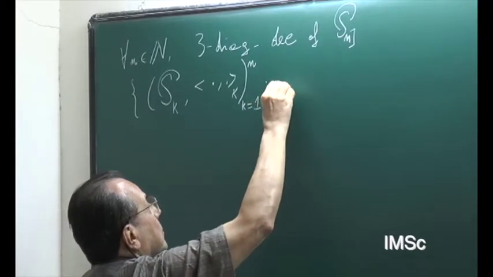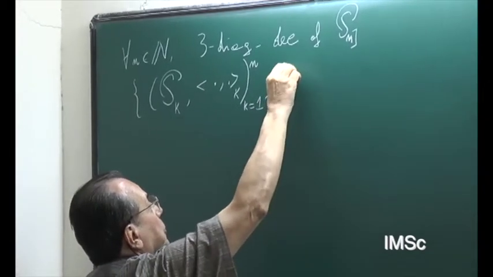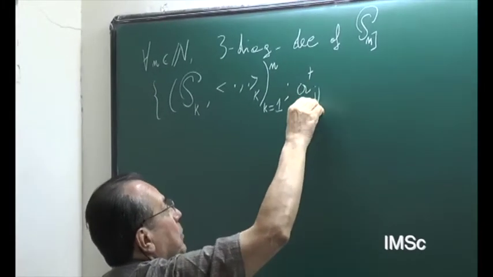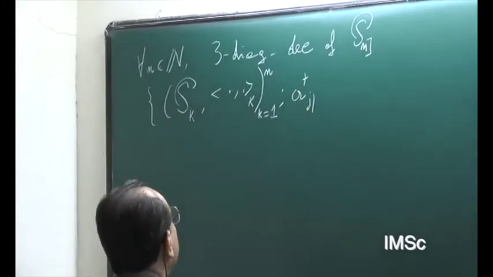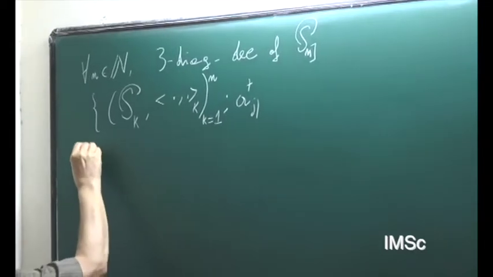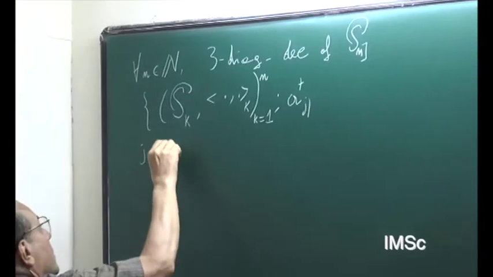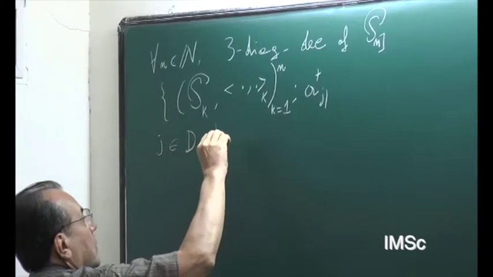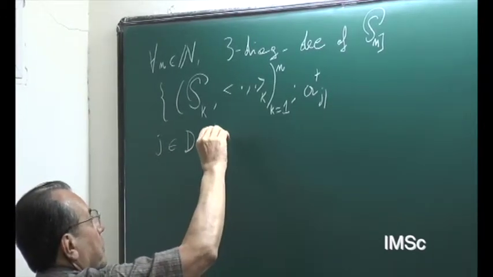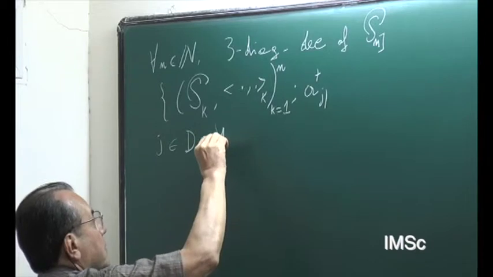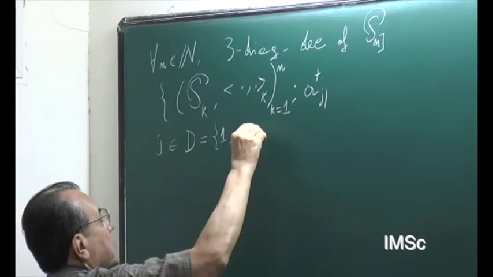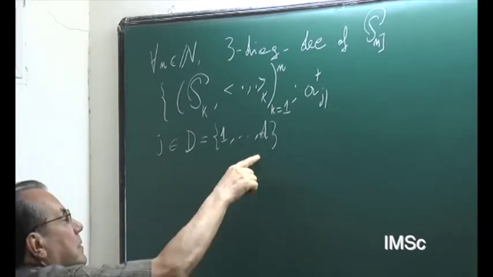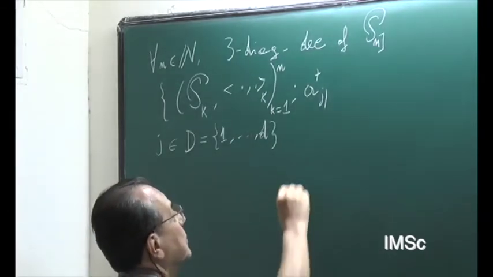Then you have a sequence of operators, which are the creation operators, and this is labeled by the index j. Remember that we are dealing with probability measures on R^d. So we have d variables, and the capital D is the set of indices.